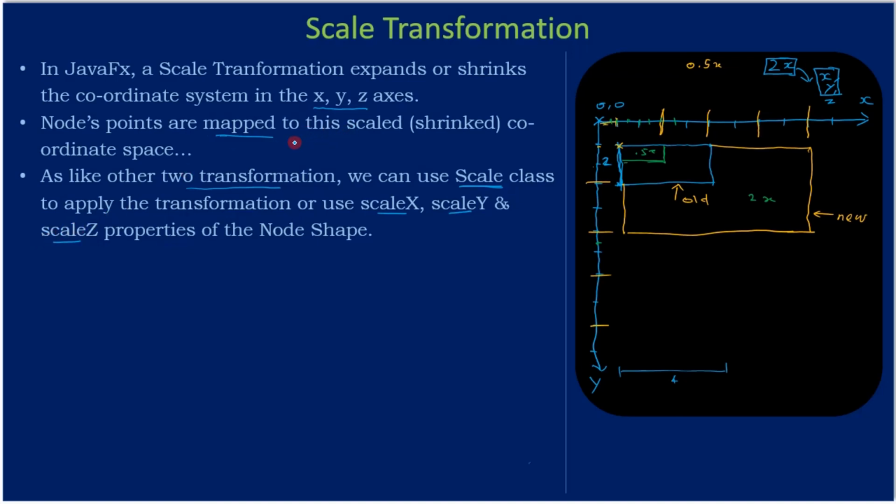So far we discussed three classes to perform transformation: translate, rotate and scale. These are all special classes. Or you can make use of properties like translate x, translate y, translate z, rotate x, rotate y, rotate z to specify the rotation axis, or pivot x, pivot y, pivot z. In the same way here we have scale x, scale y, scale z, to perform the scale.